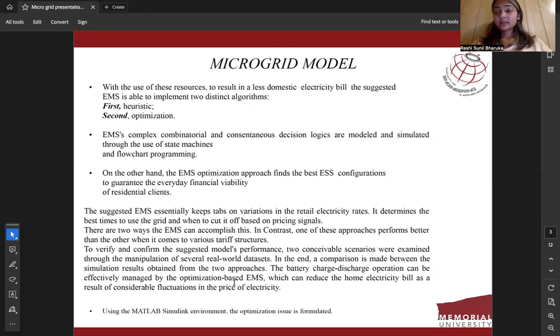The battery charge and discharge operation can be effectively managed by the optimization-based energy management system, which can reduce the home electricity bill despite considerable fluctuation in the price of electricity, which is the main consideration of this management system.